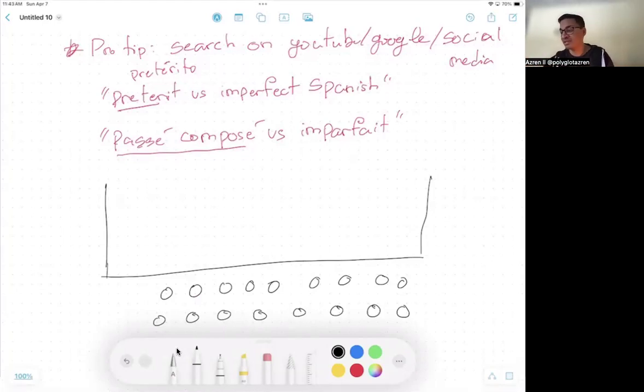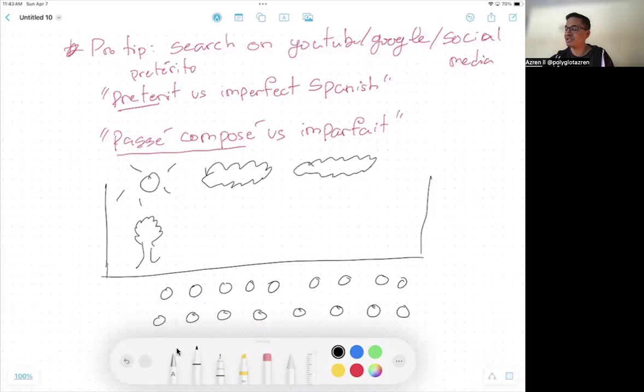The way they're correlated is the imperfect sets the stage. That's the description. There were trees everywhere, here's a tree. The sun was shining, there's our sun. There were clouds in the sky, here are our clouds.